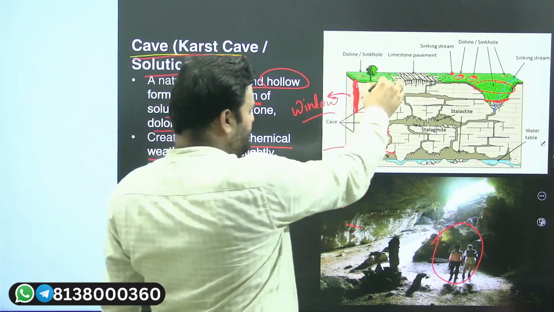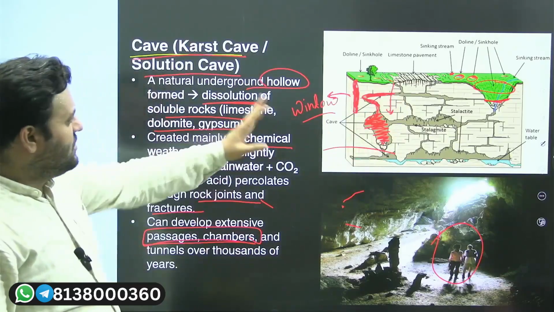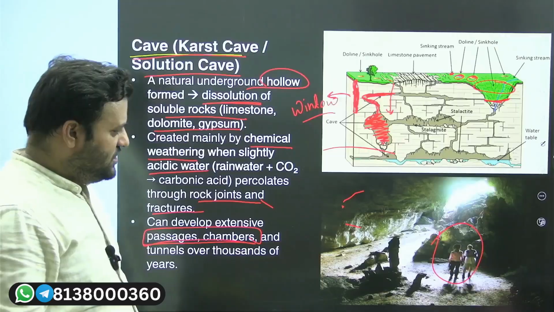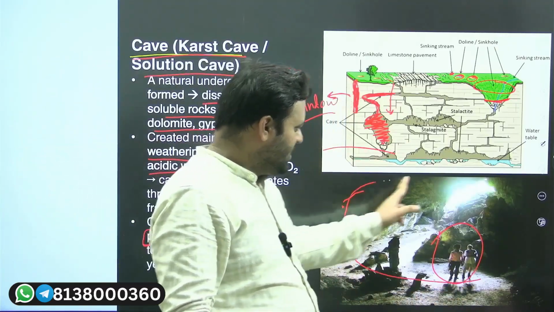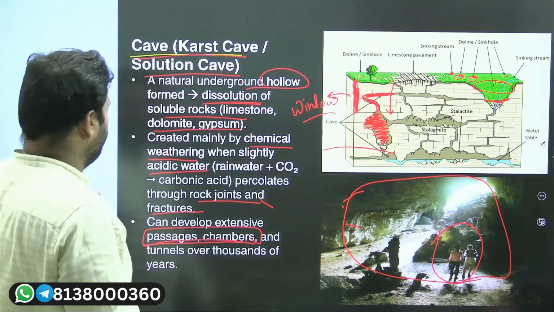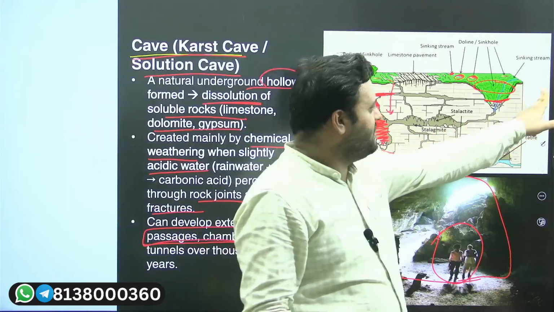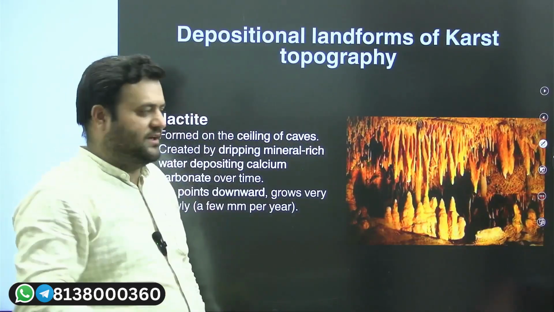If we have a depression from this side, we will have a karst window. If we have continuous vertical erosion as a result of this, there will be a formation of what? Karst cave. So we are actually focusing on how the surfaces look, how the topographies look. According to the topographical feature, we give a name. Associated processes are also there.